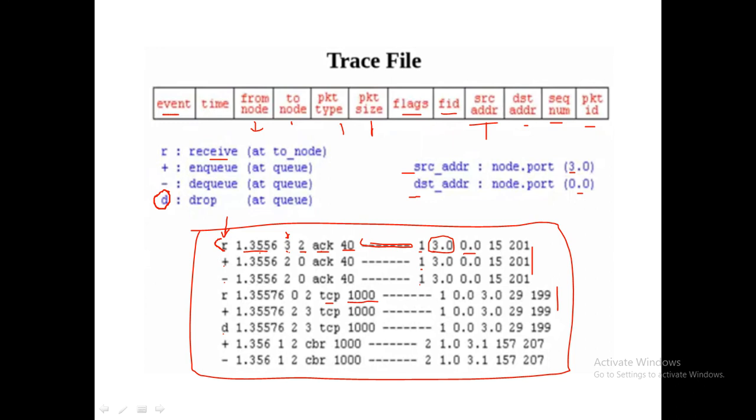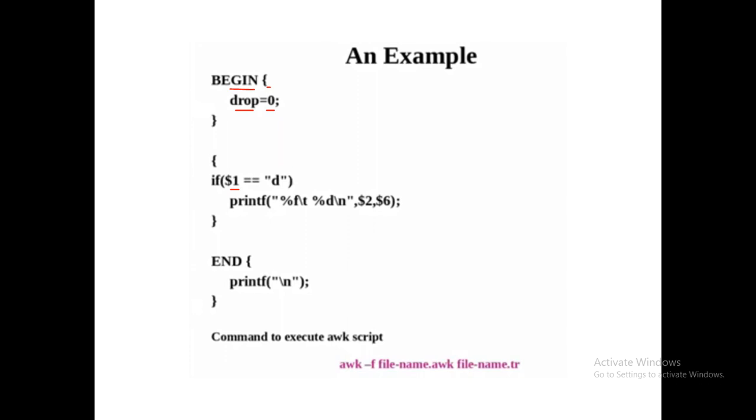So I look into the first field, $1. You check if $1 is equal to D, meaning there is a packet drop, and then do some processing. In the END part, just print something. This is how you write an awk script to count how many packets have been dropped, or for any other analysis you want to do.